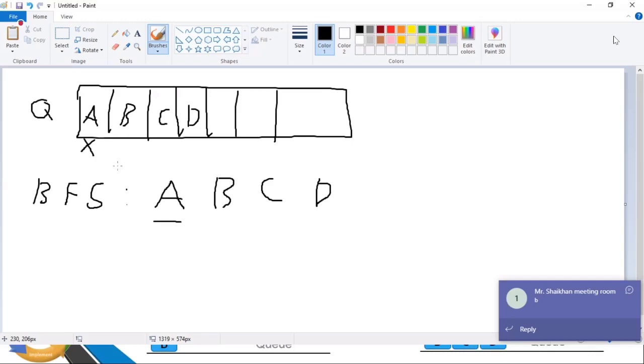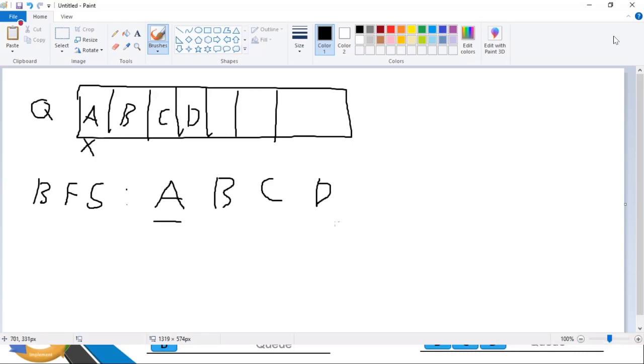Added to the Q. Since we finished all the adjacent vertices, remove A. So now forget about A. My Q contains B, C, D. So I cannot deal with D because I cannot remove it unless I remove C. I cannot remove C or deal with it because I have to remove B first. So now we will go with B.